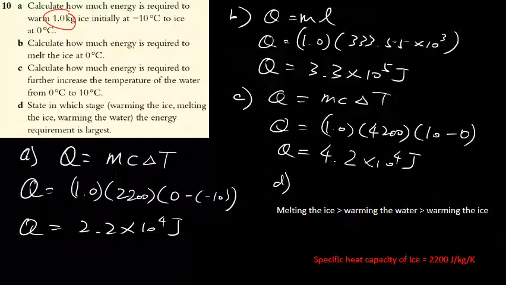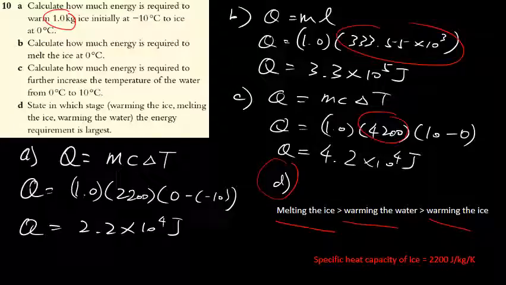So I think the most meaningful part is part D. It asks you to compare which state would require the most energy, and I put a sequence here: melting the ice requires the most energy, followed by warming the water and warming the ice. Actually, in my opinion you don't even need to calculate. You can simply look at the factors here, and you should be able to understand and compare easily.